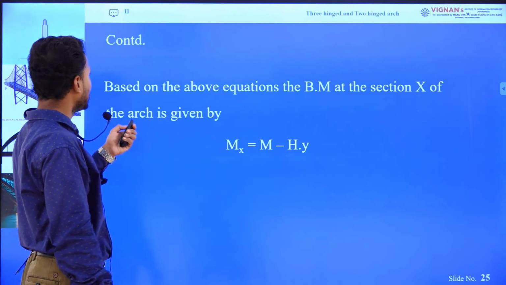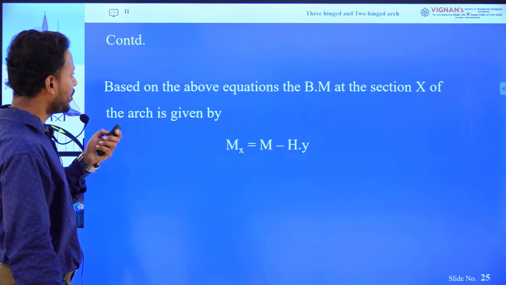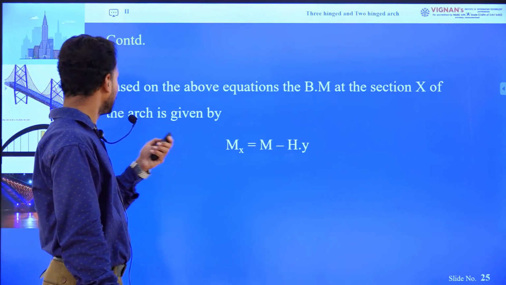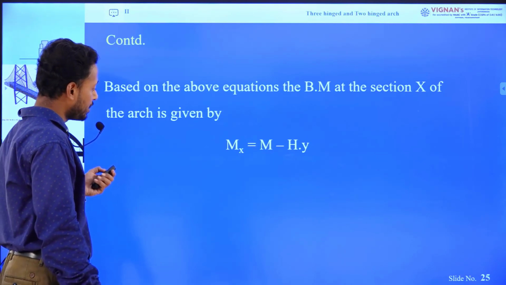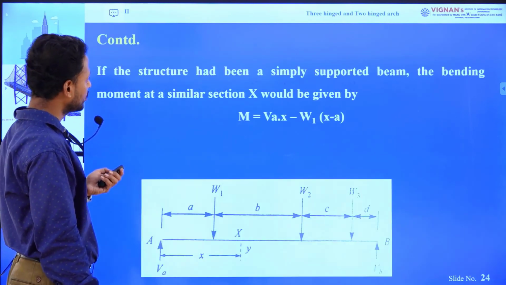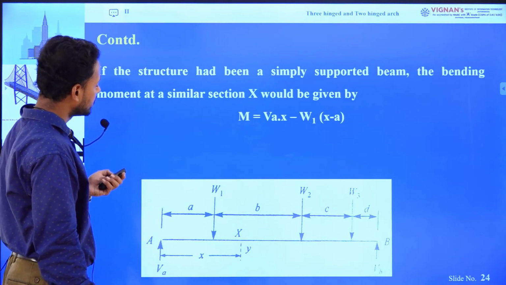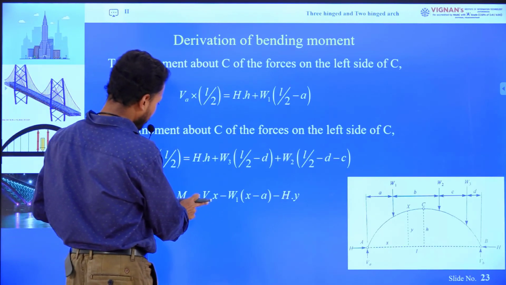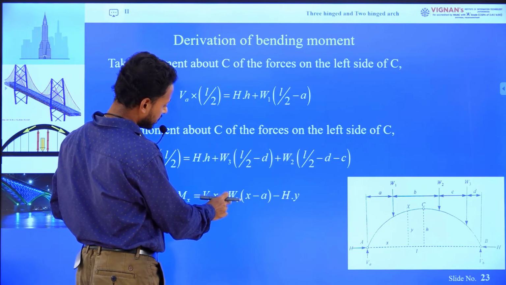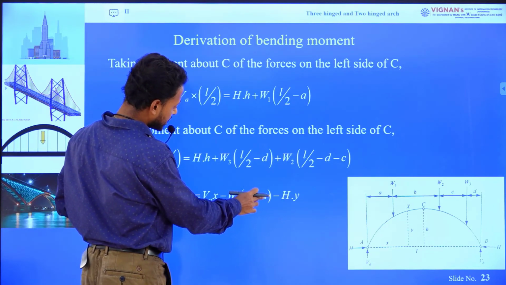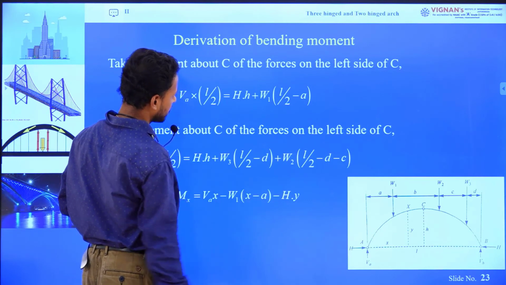So based on the above equation, the bending moment at the section X of the arch is given by Mx equals M minus Hy. How? Just see here, we have Mx equals VA into X minus W1 into X minus A minus Hy.